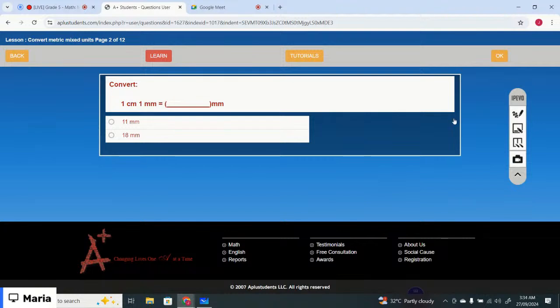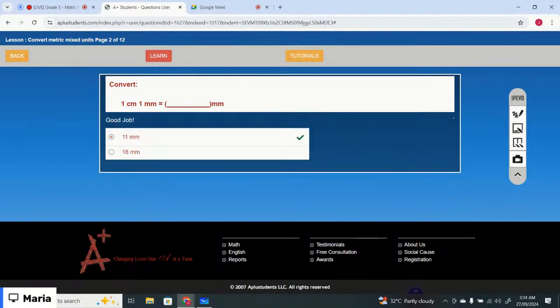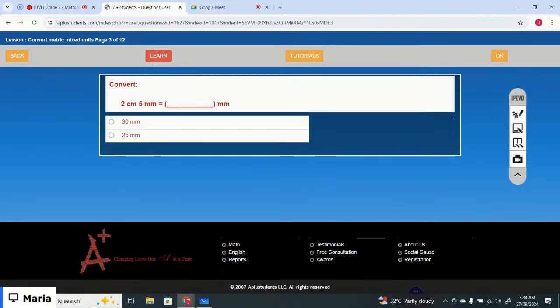Very good. The next one is 2 centimeters 5 millimeters, which is the correct option? That is 25 millimeters. Option number 2 is the correct option.